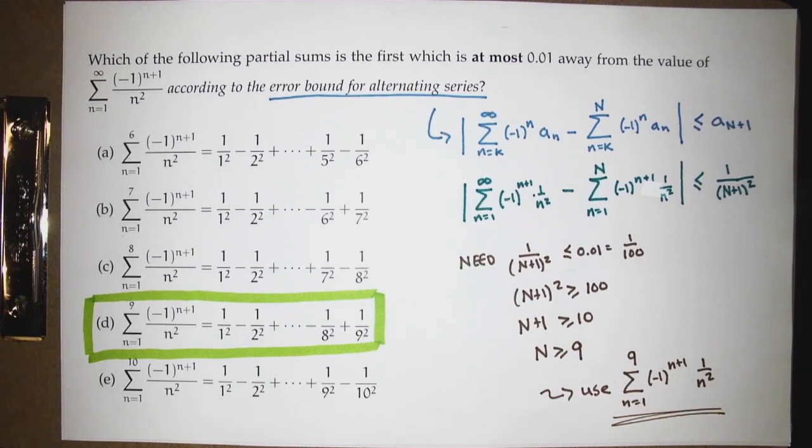I mean, it's a philosophical question in some sense. So if we drop the instruction according to the error bound for alternating series and just asked, what's the first partial sum, which is at most 0.01 away from the true answer? Is it still D?